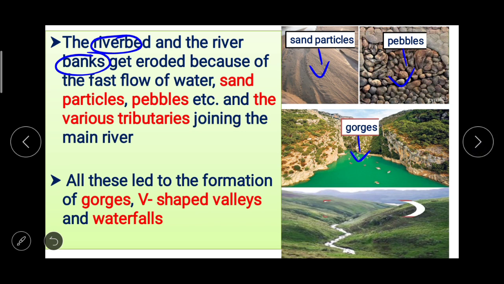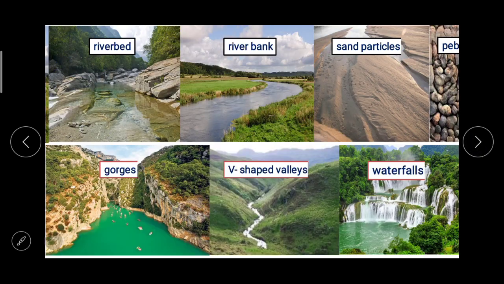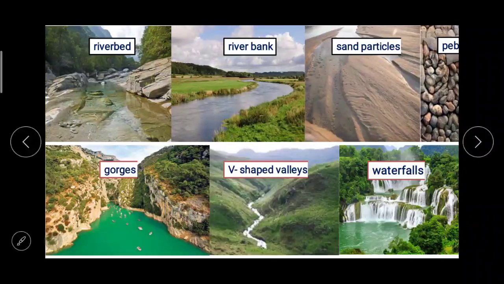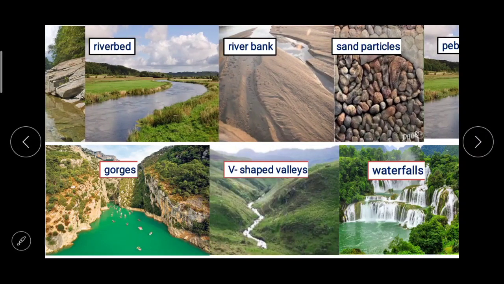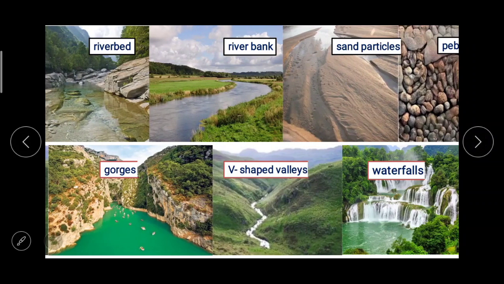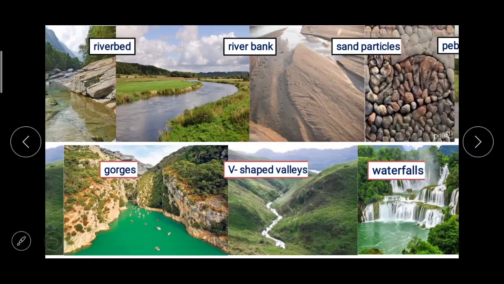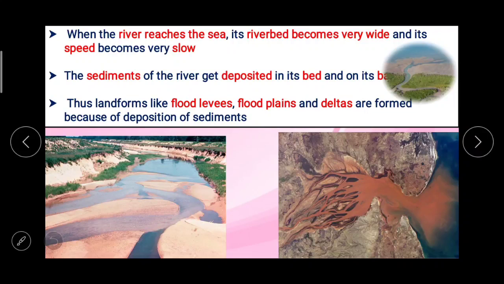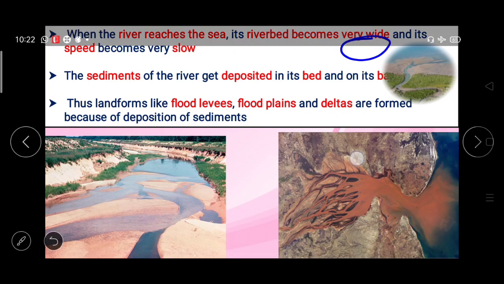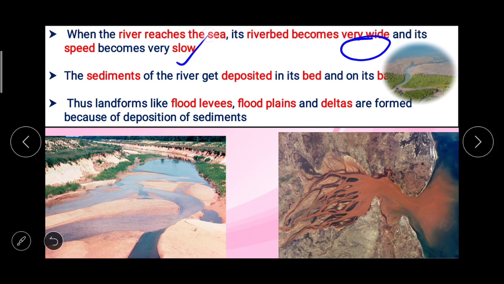And then the next thing, transportation and deposition by rivers. When the river reaches the sea, its riverbed becomes very wide and its speed becomes very slow.